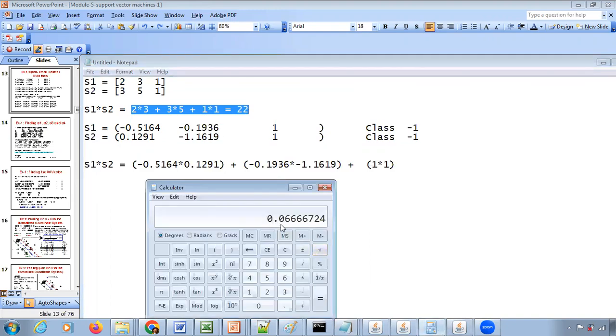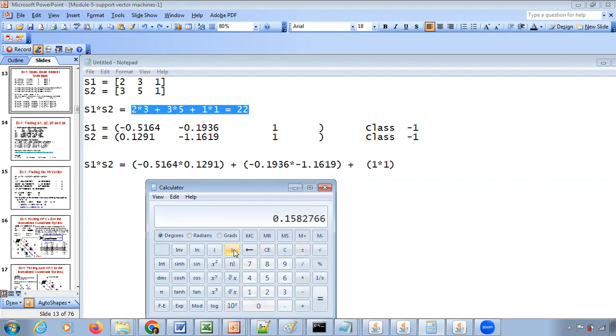So the first term is going to be this. So let's do like this. So it's 0.5164, right away go with the negative sign, times 0.1291. That's the math. Then plus, open up a parenthesis, minus 0.1936 times 1.1619 with a minus, and close the parenthesis.